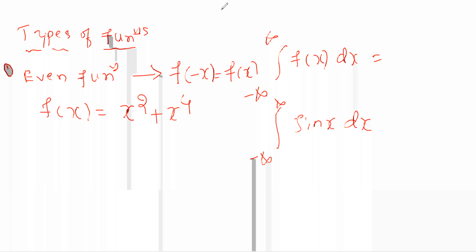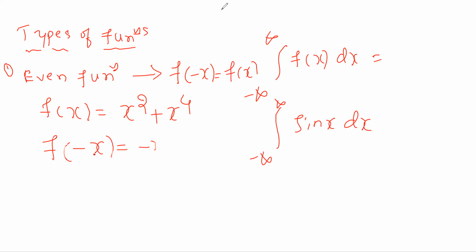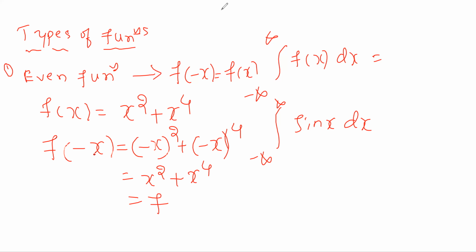Then you will get f of minus x, which equals minus x whole square plus minus x power 4, which equals x square plus x power 4, which equals the given function. Right? f of minus x equals f of x. So that means the given function f of x equals x square plus x power 4 is an even function.